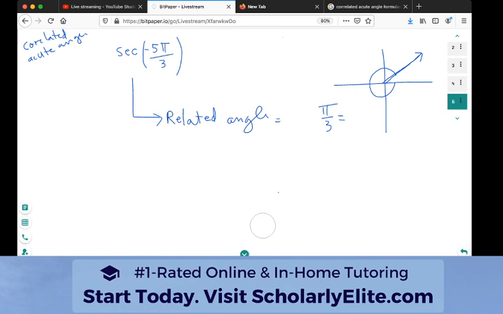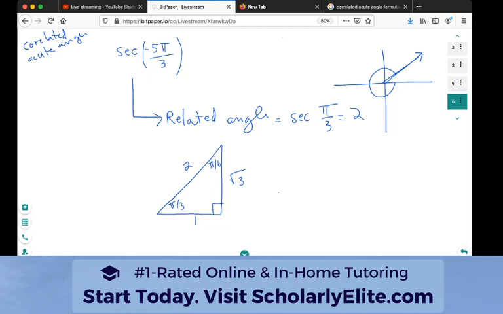Because again, using this logic, pi by 6, pi by 3, 2, 1, root 3. And we know that secant is 1 over cos, and if cos is 1 over 2, then secant is 2 over 1.